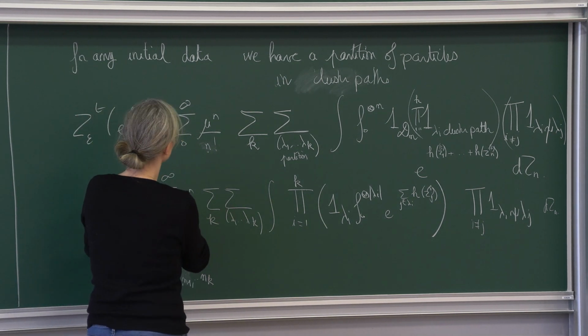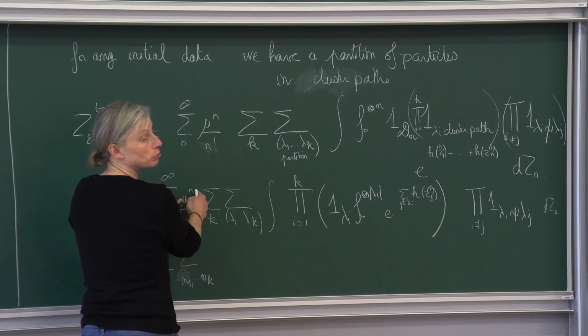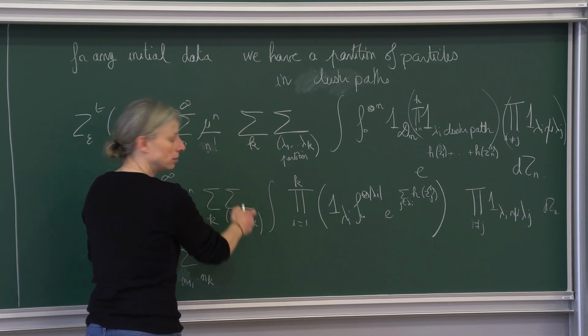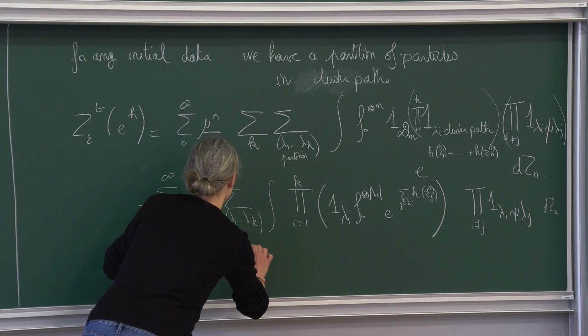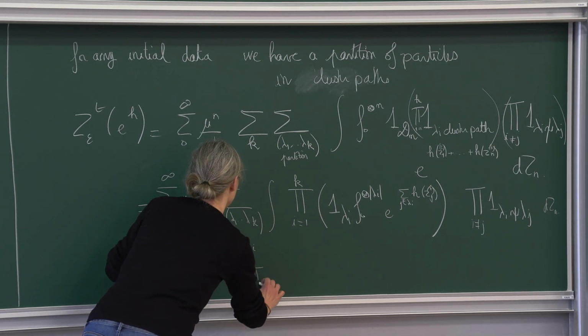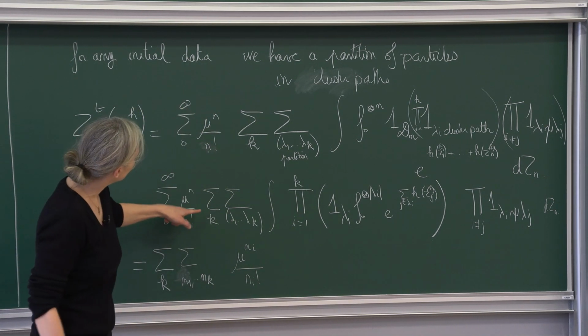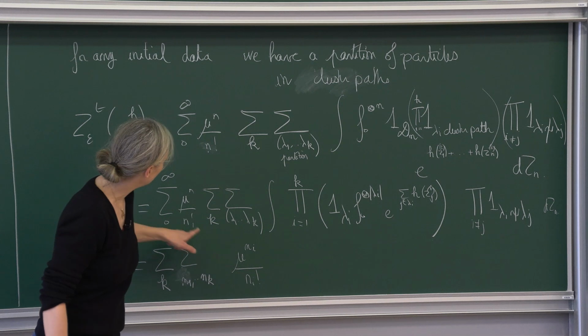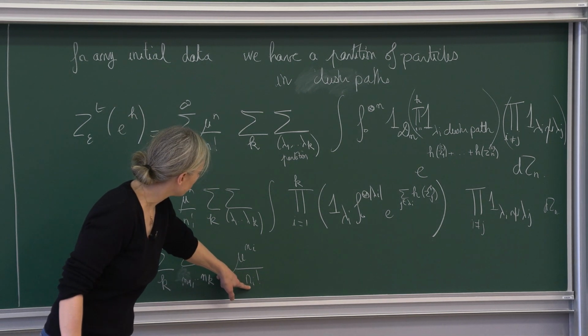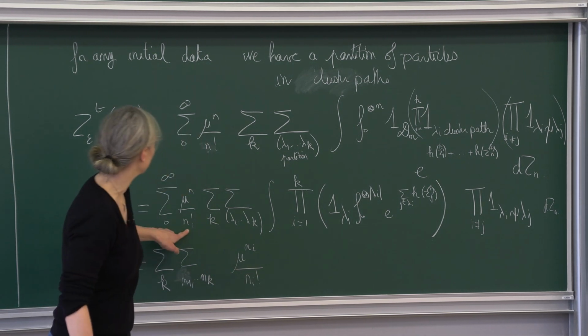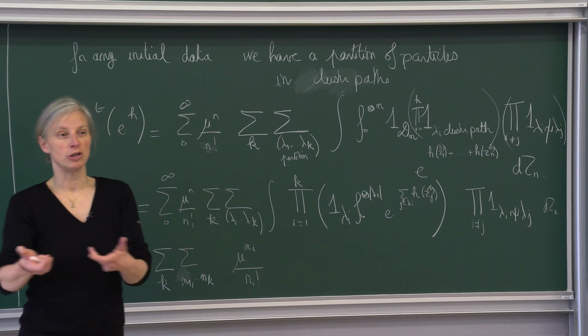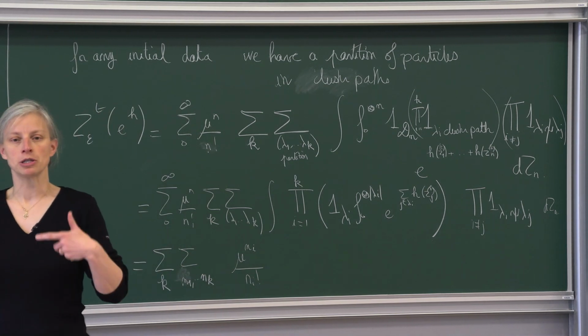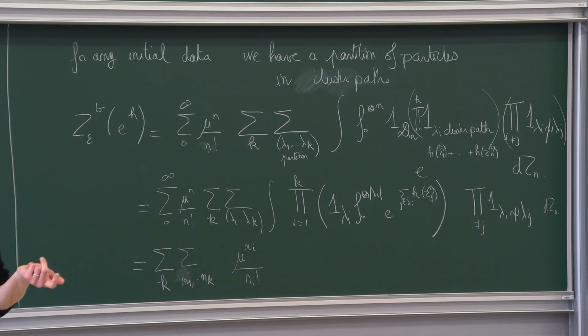So of course you have that mu to the n is just mu to the n1 plus n2 plus n3, blah blah blah. Okay, so you have the mu to the n_i divided by n_i factorial. And then you see that the combinatorial factor, the product of the factorial n_i divided by factorial n, is just the different ways you can arrange the particles in the different clusters.